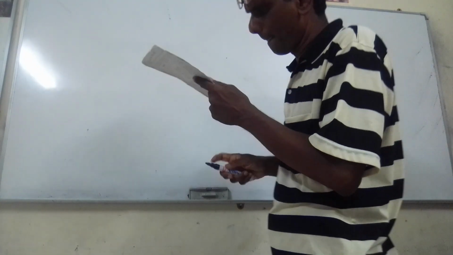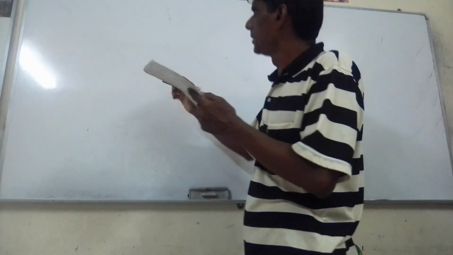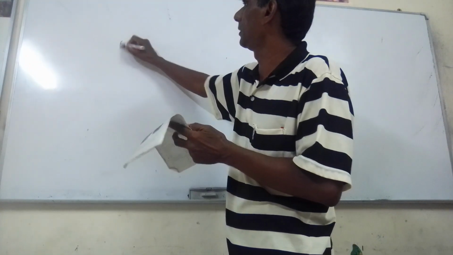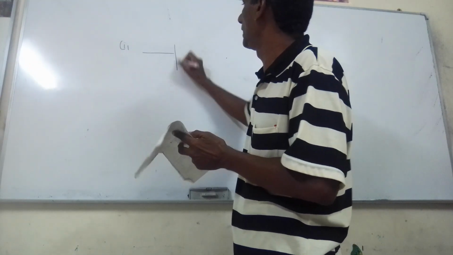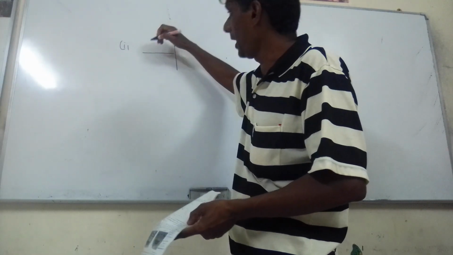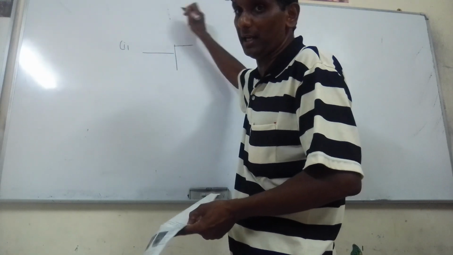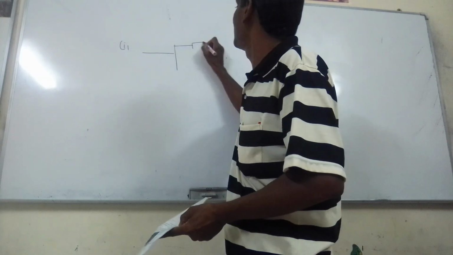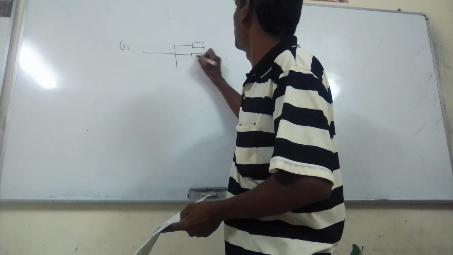Question number 1. You must draw the resistor circuit only. If you are asked for a complete circuit, you must put a battery and a meter, but here we put resistors. So these are three resistors.